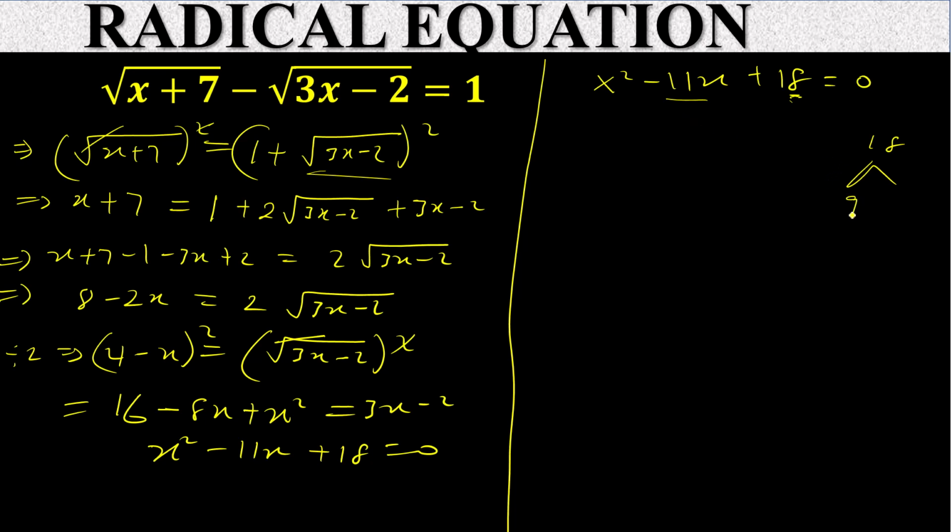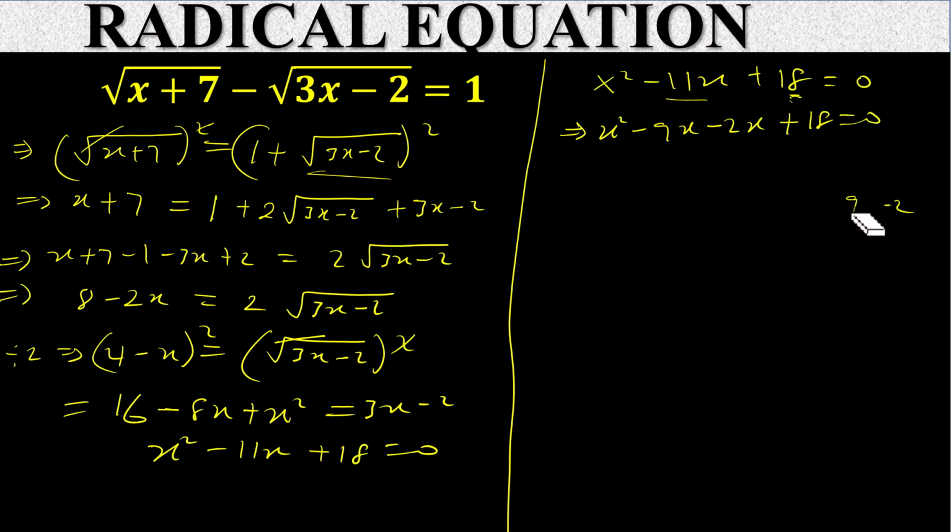All right. So we have 9 times 2, which is 18. 9 plus 2 is 11, but this side is negative 11. So let's negate them. Negative 9 times negative 2 is positive 18. Negative 9 plus negative 2 is negative 11. So we are using that. So we have x squared minus 9x minus 2x plus 18 equal to 0.